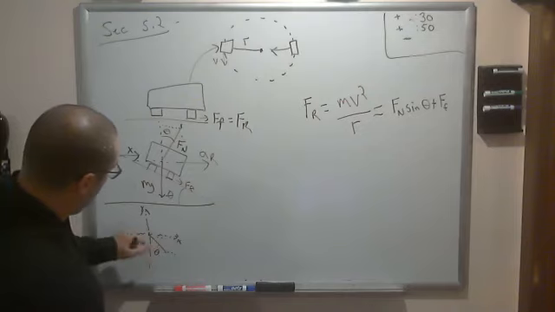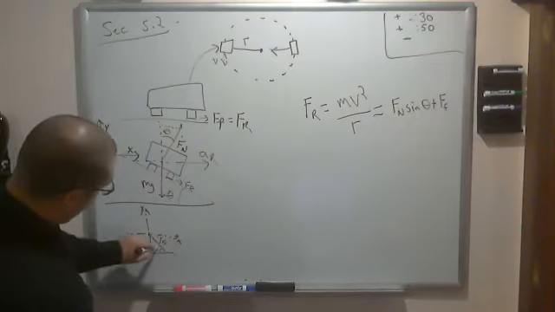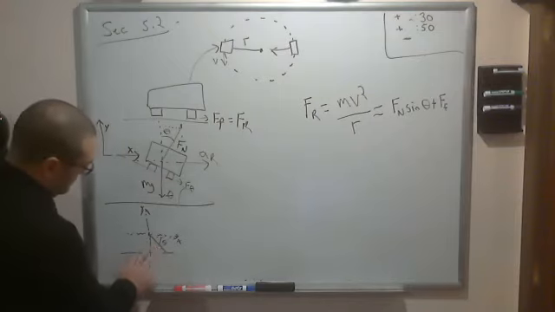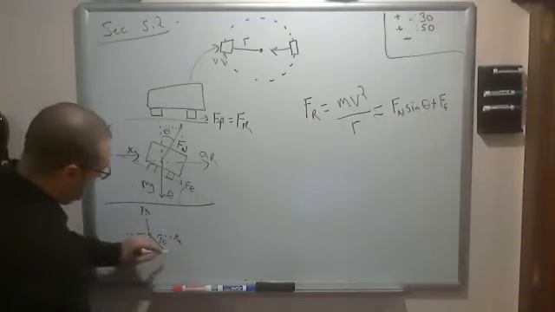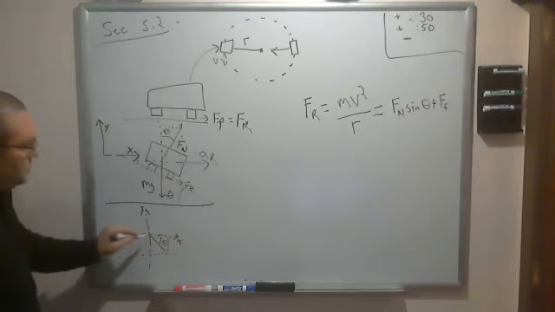So for friction, we would use cosine theta.